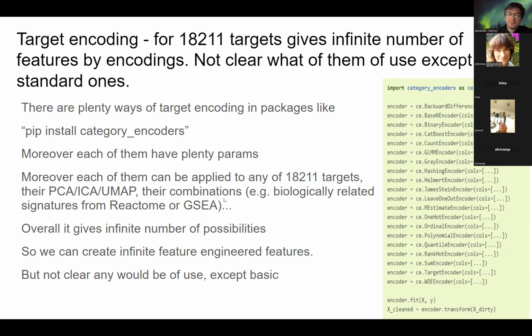Or we can make some biologically motivated combinations. For example, we may know some pathway, then you calculate the average of the genes for this pathway and make a target encoding with this combination, with this signature. So there is a practically infinite number of opportunities.